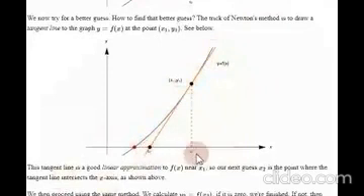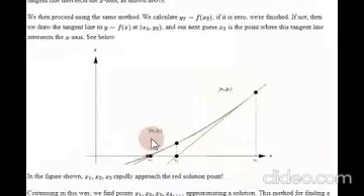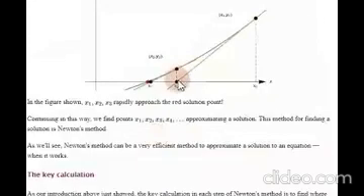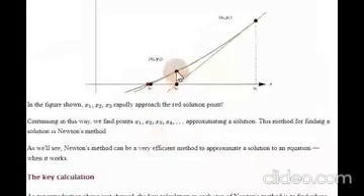Look at this one. This is our initial guess, and this is the first iterate. Now we consider a tangent line at this point.